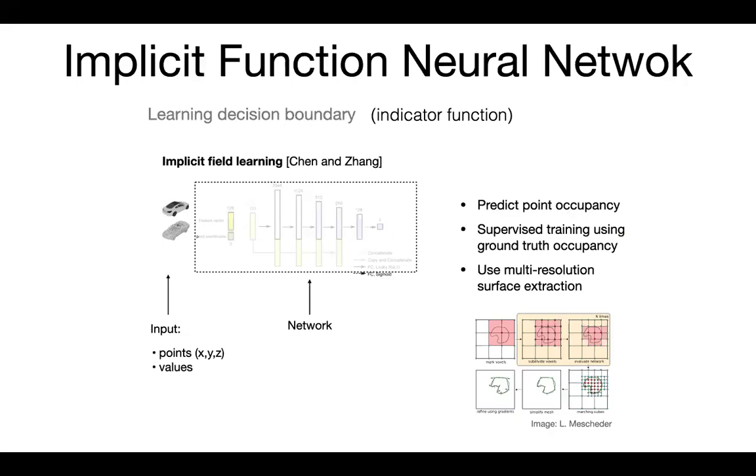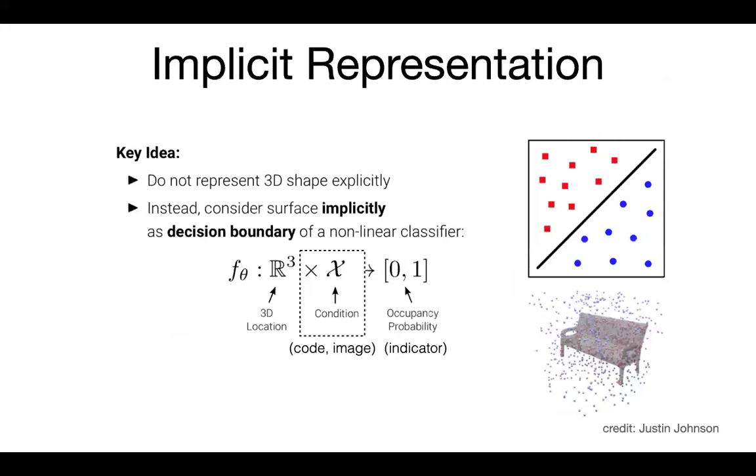And we can use multi-resolution for surface extraction because we can apply the Marching Cubes algorithm in multi-resolution. And that is more or less the same spirit as octrees, right? But in that sense, for surface extraction.